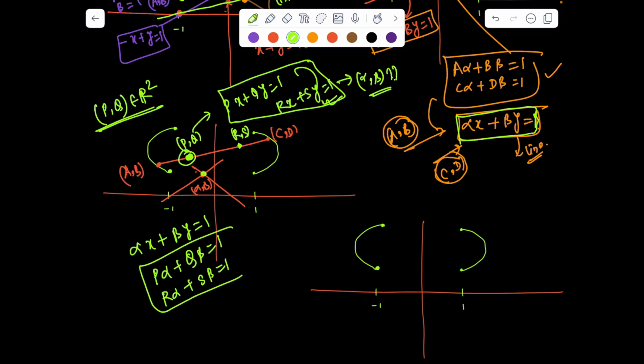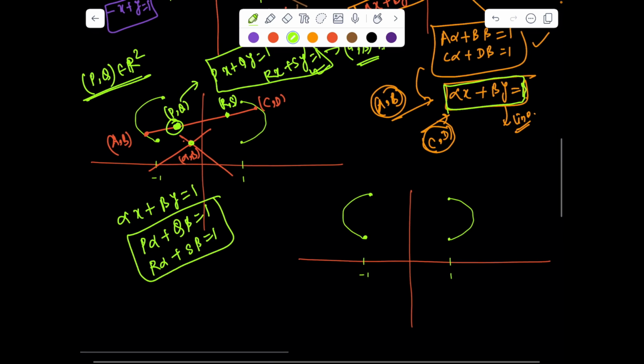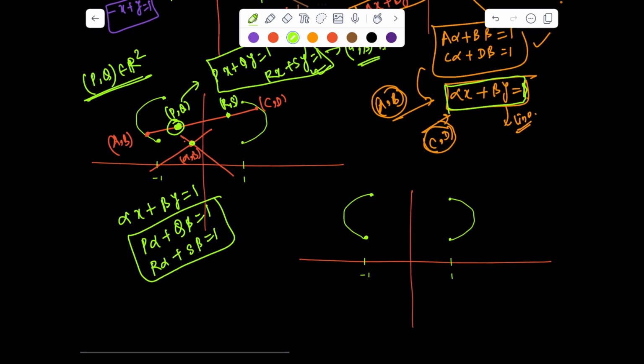Similarly, we'll have R alpha + S beta = 1. Right? And now you try to feel this situation.